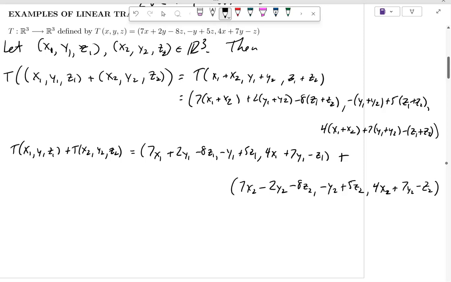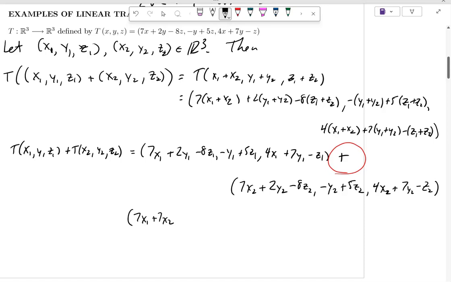Now, what are we going to do? We add them together, right? When we add, I can put my x's together.